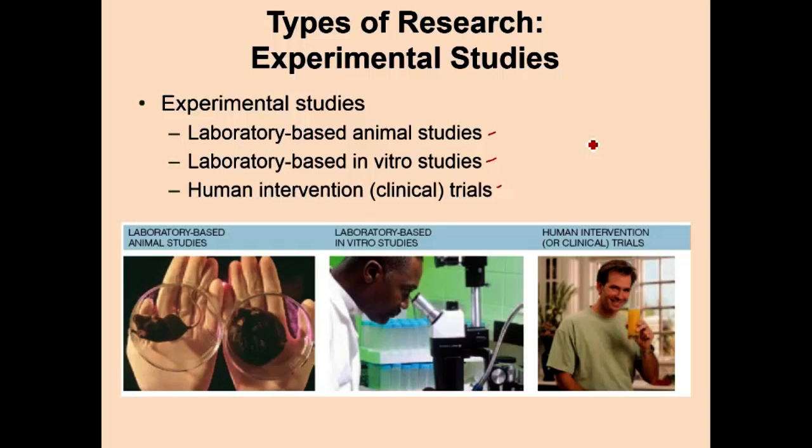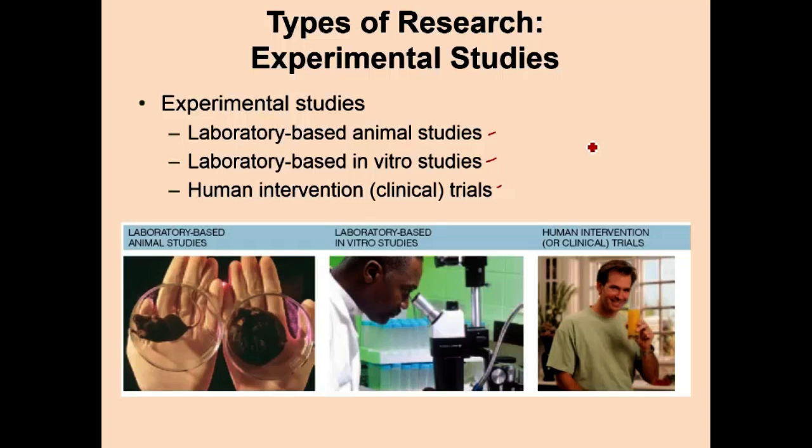And then finally, there are human interventions or clinical trials, where researchers ask people to adopt a new behavior. So if we're still staying with our vitamin C example, to eat a citrus fruit or take a vitamin C supplement and see what happens.